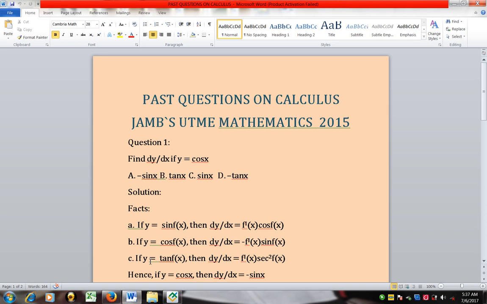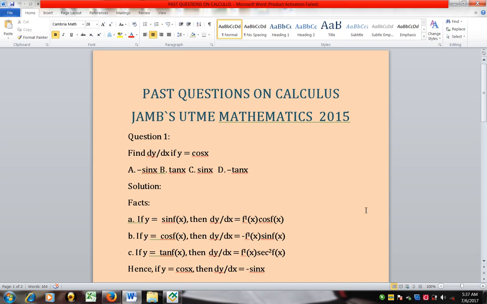And if y is equal to tan f of x, our dy/dx will be f prime of x sec squared f of x. I hope that is clear. So if y is cos x according to the question, dy/dx will be minus sine x. So the correct answer is option A.